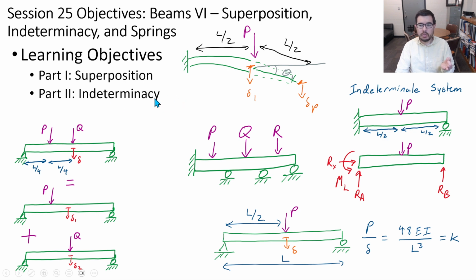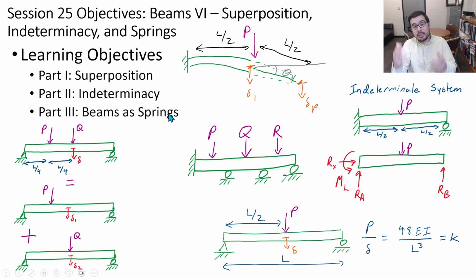And we also shouldn't forget that we can go back and use the relationship EI times the second derivative of v with respect to x equals moment. We can use it and then integrate, so we can use the method of integration for solving these indeterminate problems. But those are the two techniques: integration and superposition for solving indeterminate systems or indeterminate beams. And actually, I guess there's a third, because we can also use beams as springs, and then we could attack these indeterminate systems, as we show with this final question, number 4.